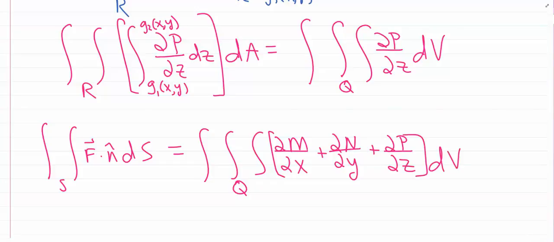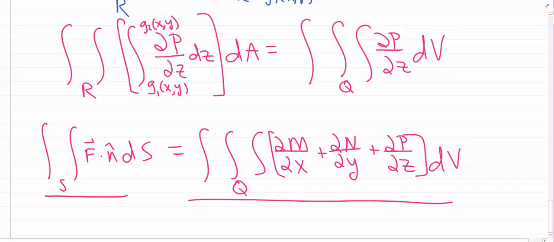So look, we have this closed surface, and we have this orientation where our vectors are pointing outward, right? And we made this observation that we could write this thing as a triple integral.